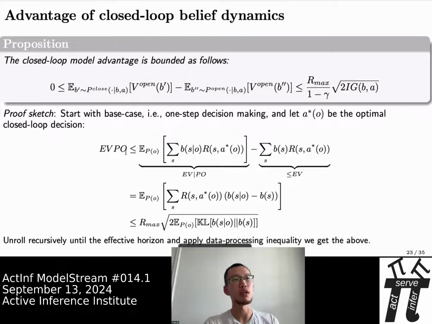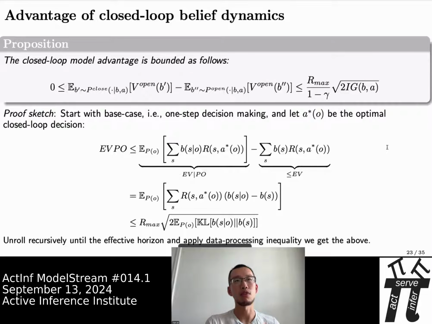And if we accrue this along the planning horizon, then we basically multiply this by the effective planning horizon, 1 over 1 minus gamma. So that's how this is obtained. This is actually very interesting because it gives us a clue that if we want to improve the open loop policy while still committing to open loop dynamics, then one very reasonable thing we can do is to change its reward.